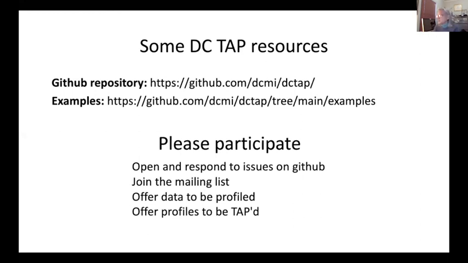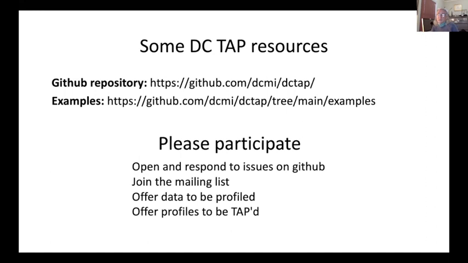You can participate on GitHub with issues. You can join the mailing list, and if you go to the opening GitHub repo screen, you'll see at the bottom how to join the mailing list.